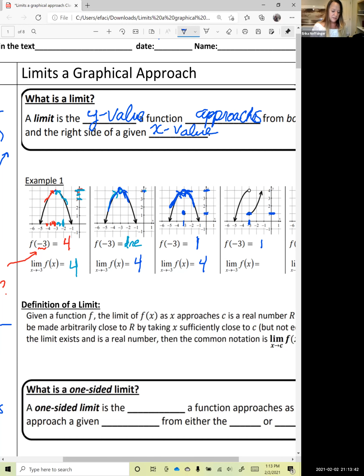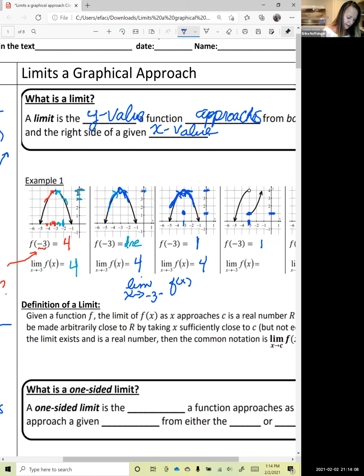In order for a limit to exist, the left-hand side and the right-hand side have to be the same value. So looking at this, if I look at the limit as x is approaching -3 on the left-hand side, as I'm coming into -3 on the left, that's this piece of the graph right directly to the left.